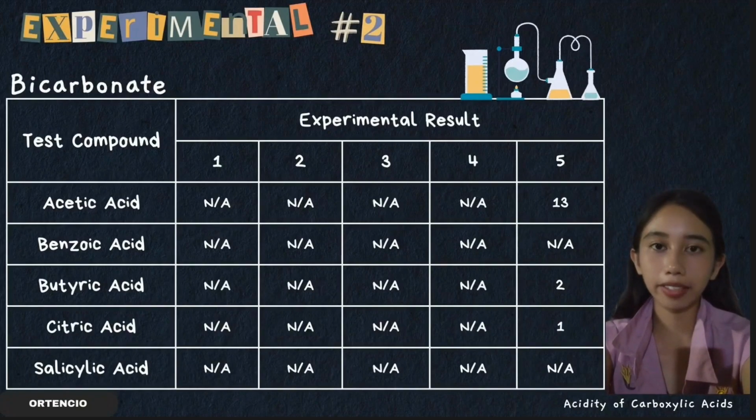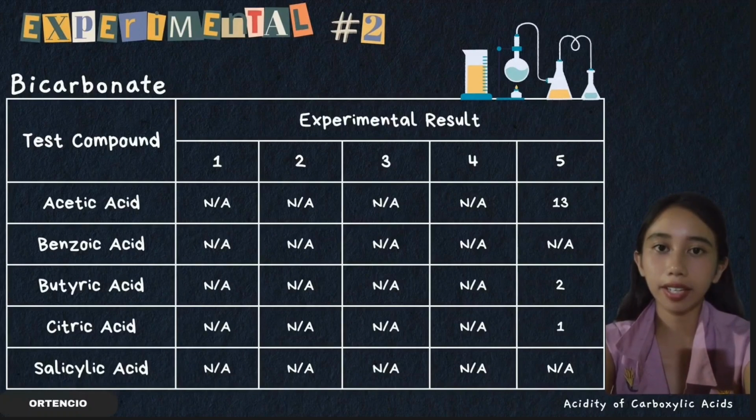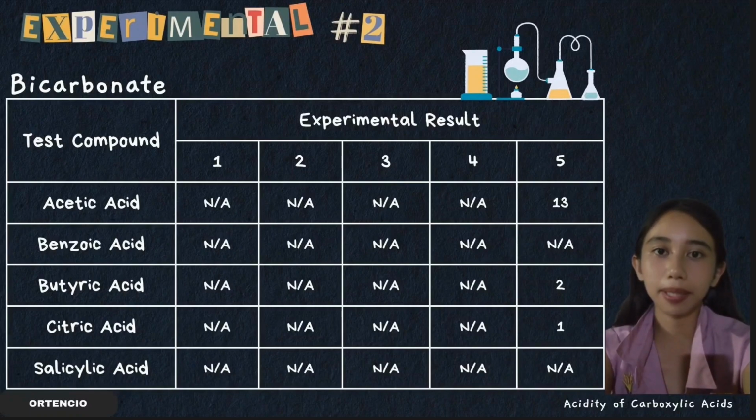Next is the sodium hydroxide titration. In the case of acetic acid, only group 5 was able to conduct the experiment, successfully neutralizing the solution with 13 drops of sodium hydroxide. This suggests that acetic acid possesses a moderate level of acidity. As for benzoic acid, none of the groups was able to perform this experiment.